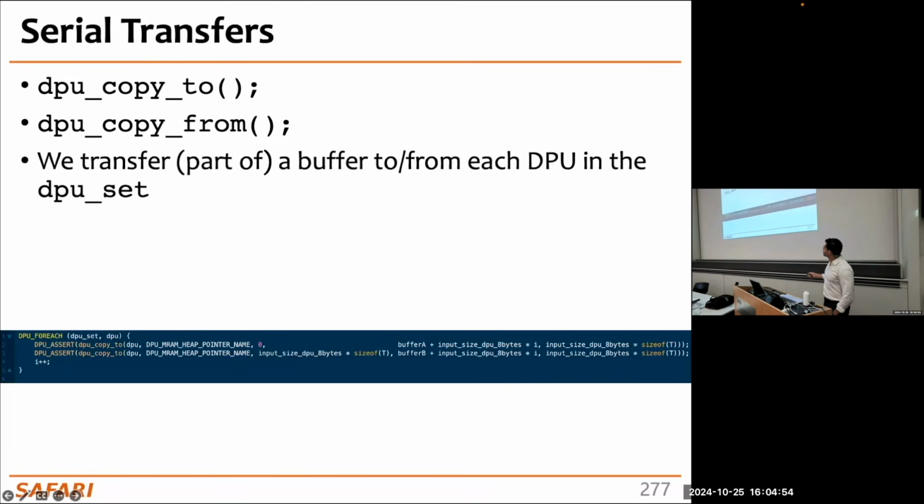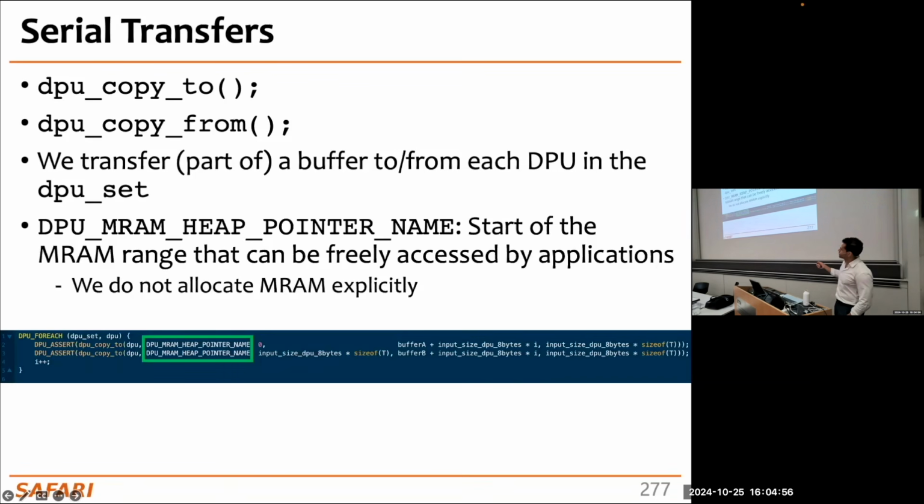For you to transfer, you need the DPU set. So here's the syntax again. For each DPU in the DPU set, you do a data copy to that given DPU, put a pointer in the heap space of the MRAM. This is the DRAM that you have.